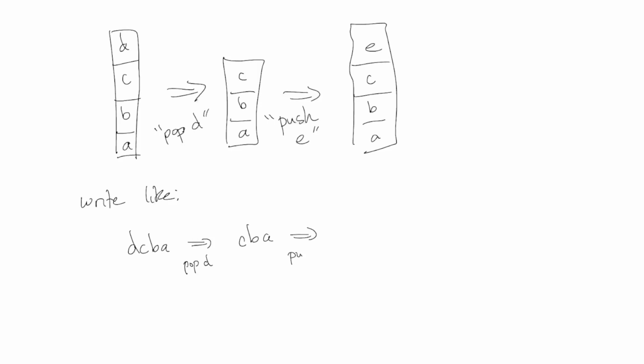And now if I push E, it now says ECBA. So when we write stacks, the left side is the top. All right, so the top is on the left. And that means whenever we work with stacks, you can only change the left side, not the right-hand side. All right, this is a stack.